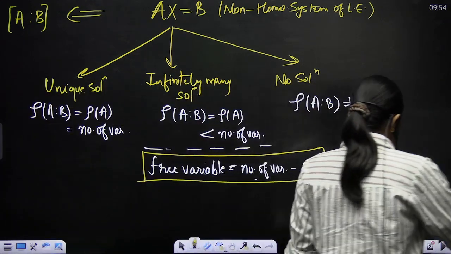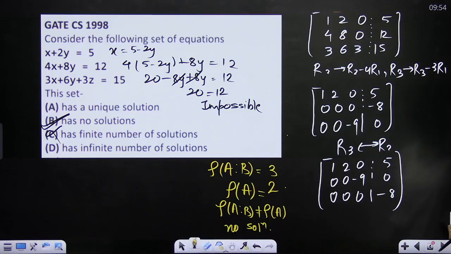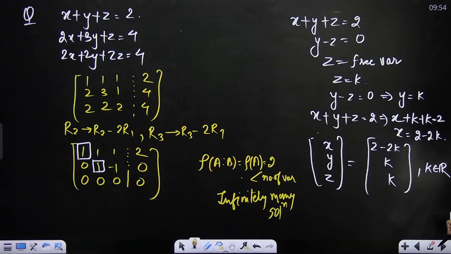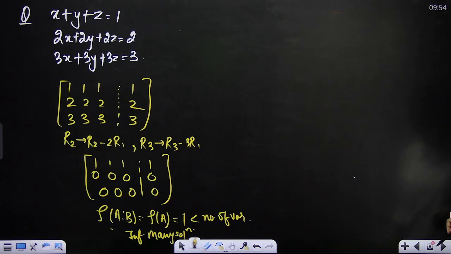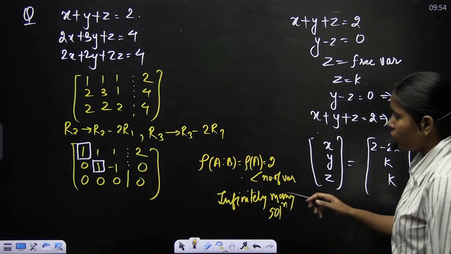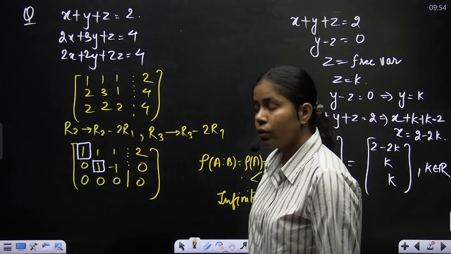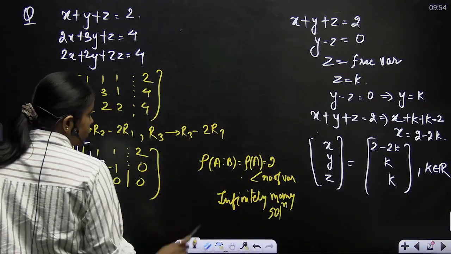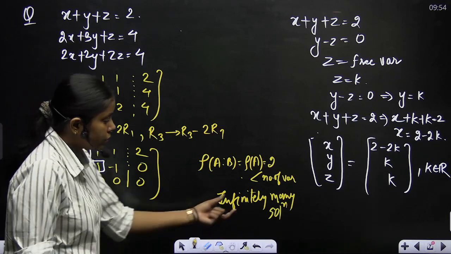So you can see, when I solved the previous system, the rank of A there is 2. The variables I have are 3, so 3 minus 2.